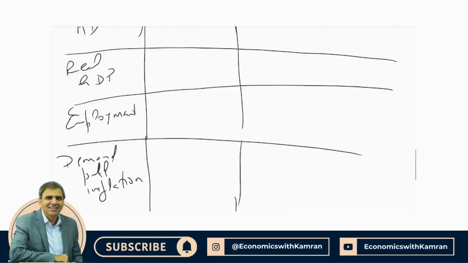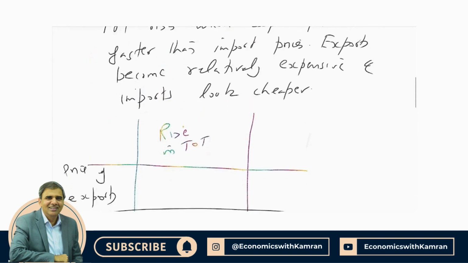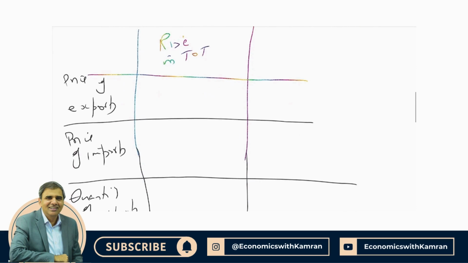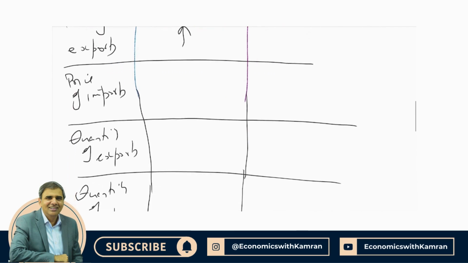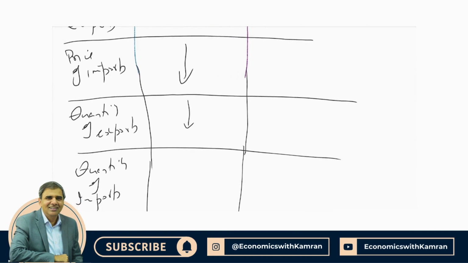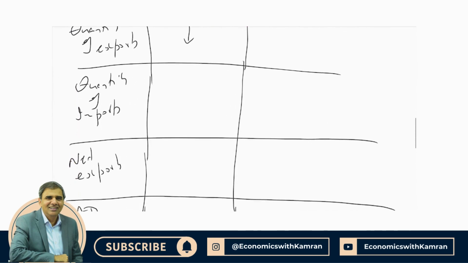Now we look at these things one by one. If TOT rises, price of exports look higher. I'll just use the arrows. Imports price look cheaper. Quantity of exports falls. Quantity of imports rises.